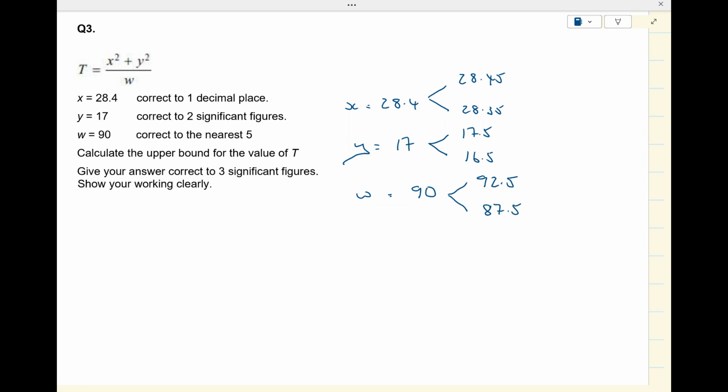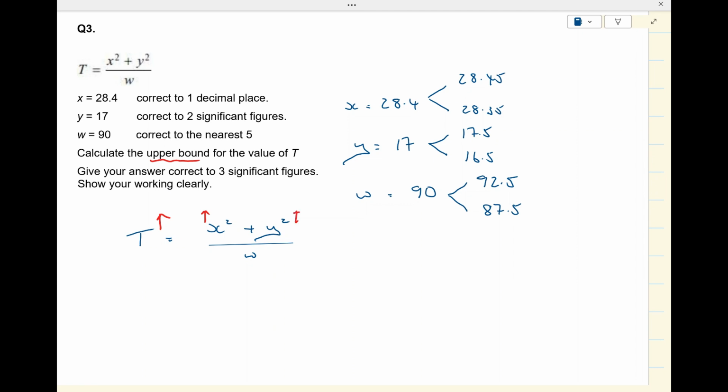Right, now let's write down our formula for T. Okay, all I'm doing is copying it down. And now comes some thinking. Calculate the upper bound, so I'm going to want the numerator to be as high as possible, aren't I? So I'm going to want to take my highest possible x to square it and my highest possible y to square it.